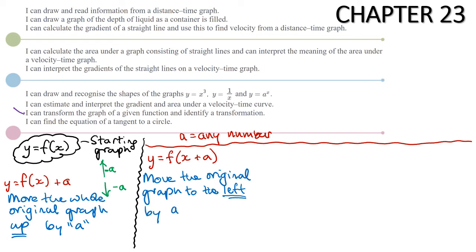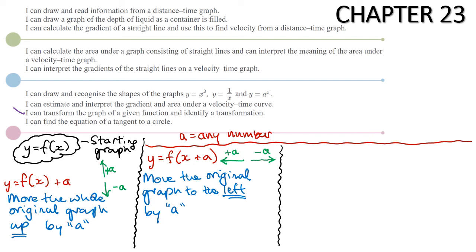So whatever that number a is, the graph will move to the left by a. Now if a is negative, it will move to the right. So to summarize, if we have plus a here, it moves that way. If we have negative a, it moves that way, and the whole graph will move in that direction.